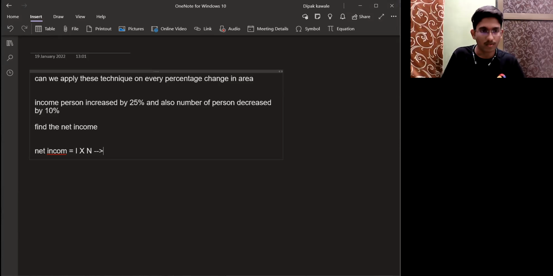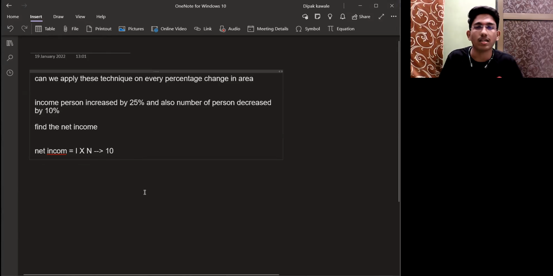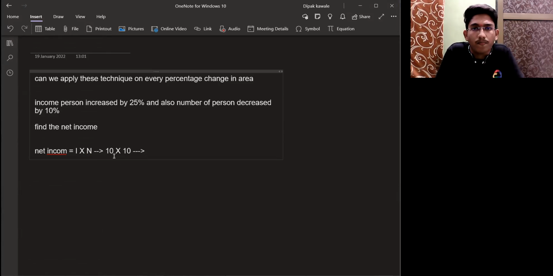In this case, it is saying that income per person increased by 25%. We are assuming that initially income per person was 10 and number of people were 10. Okay, we can assume that. As it is saying that income per person increased by 25%, tell me guys, what is 25% of 10?